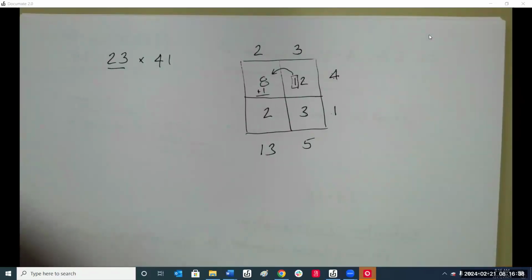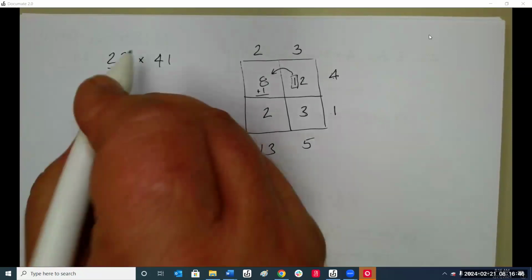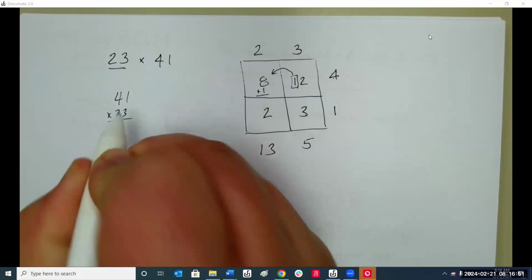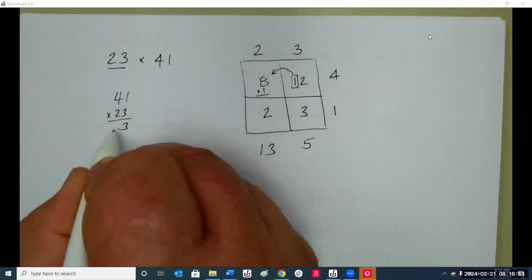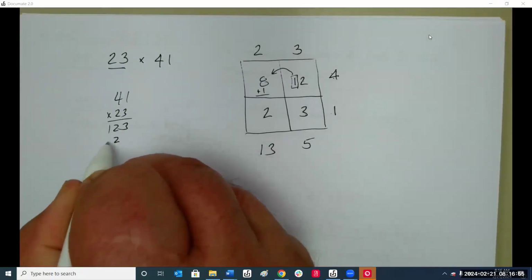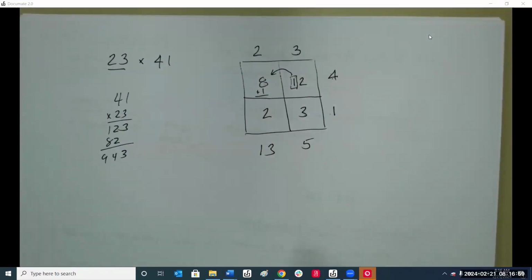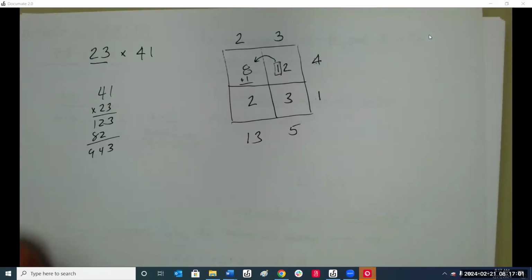Is that right? What should it be? Let's look at the way we would do it. So it's supposed to end in the 3. There's a big difference.